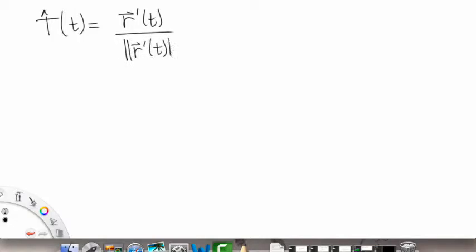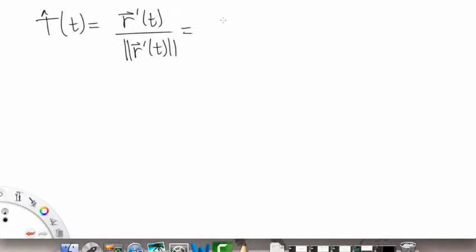Okay, so what we're going to do now is break everything down in that formula that I just showed you, the decomposition of the acceleration vector. We're going to break that down in more of a calculated technical way. So first of all, we're going to define the unit tangent vector as r prime of t over the magnitude of r prime of t.